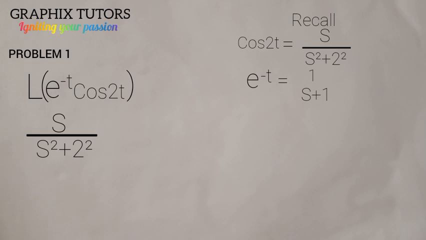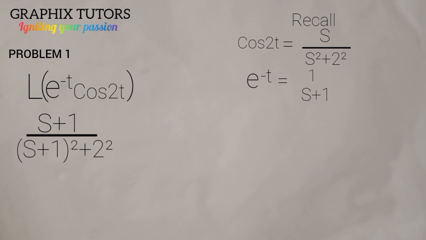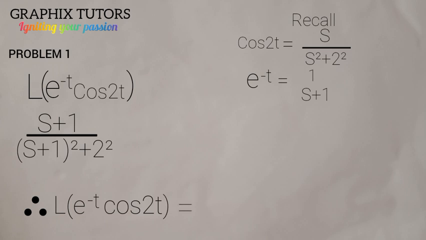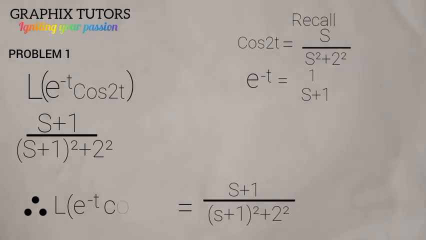So we'll now say s plus 1 all over s plus 1 all square plus 2 square. So therefore, the Laplace of e to the power of minus t cos 2t will give us s plus 1 all over s plus 1 all square plus 2 square. So that will be our answer for question 1.